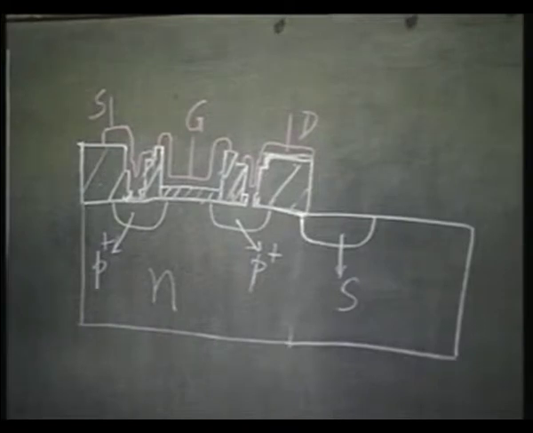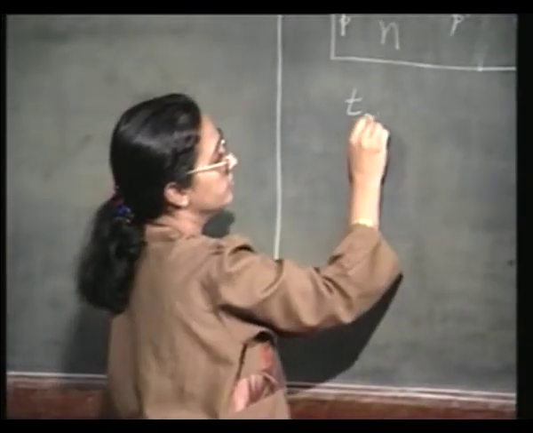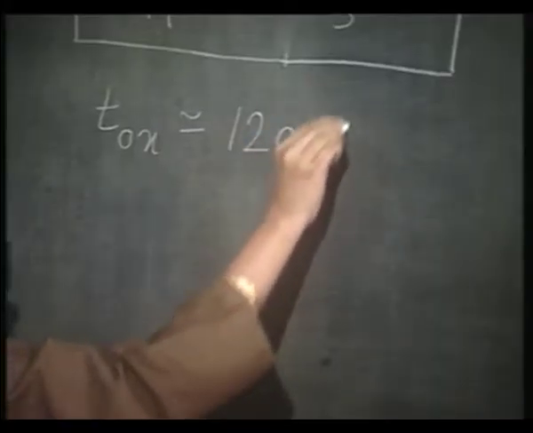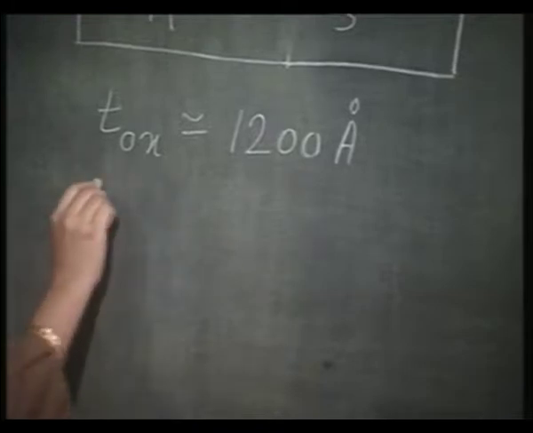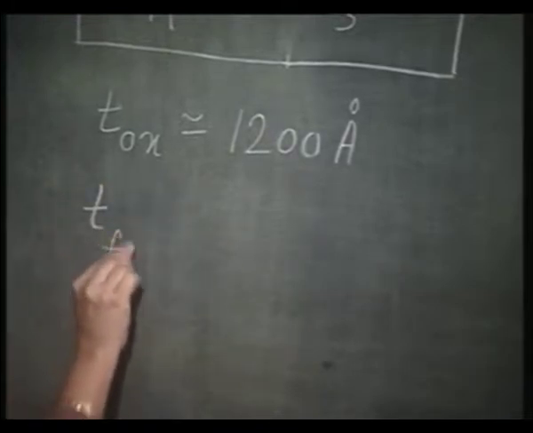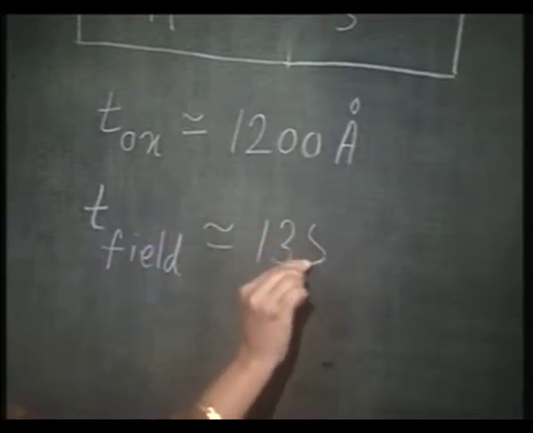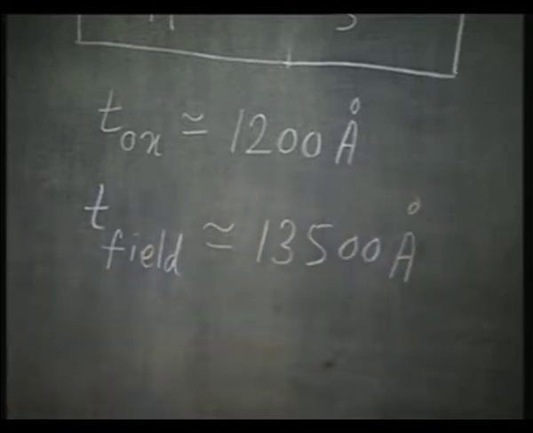For example, I have some data here. Obviously this is an older transistor: the gate oxide thickness is 1200 angstrom, and the field oxide thickness is more than 10 times that.